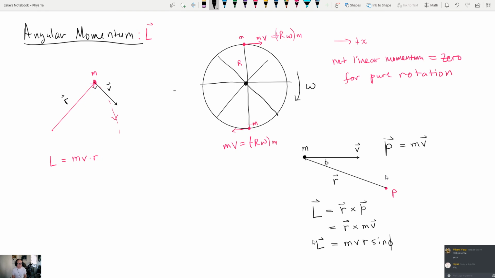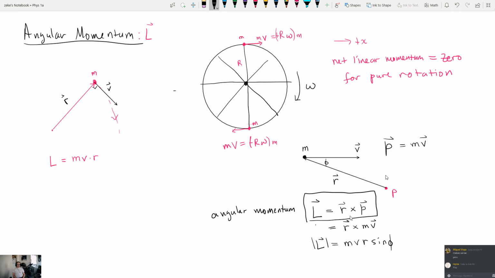This would be the magnitude, and this would be the more formal definition of what angular momentum is. You take r crossed with the momentum to get the angular momentum.